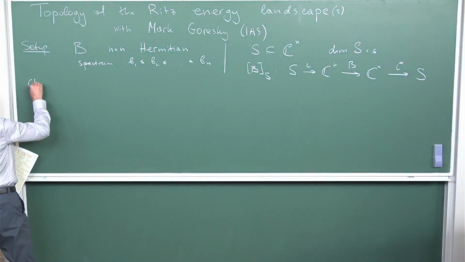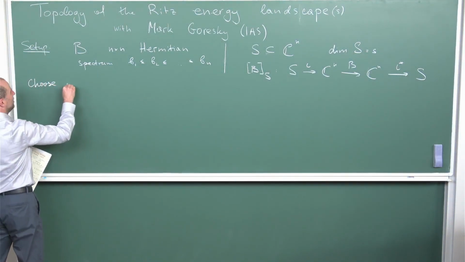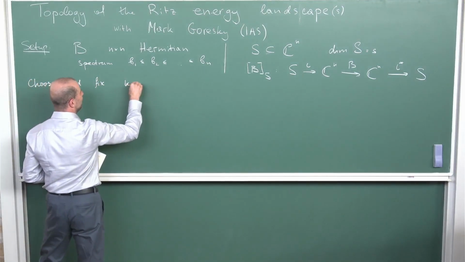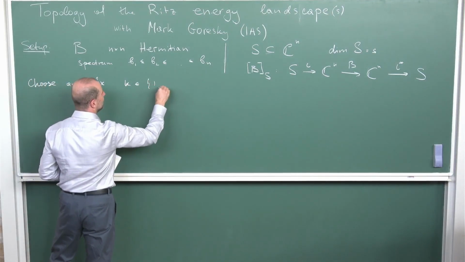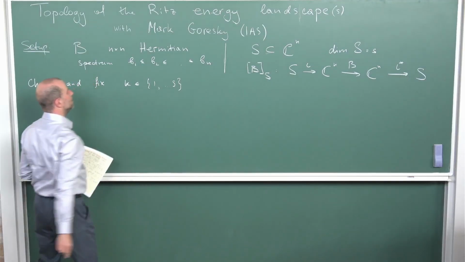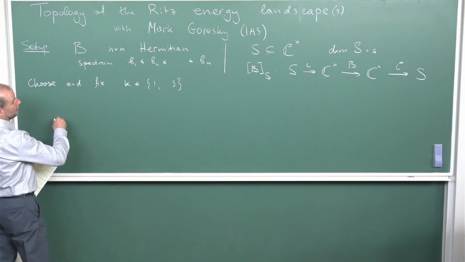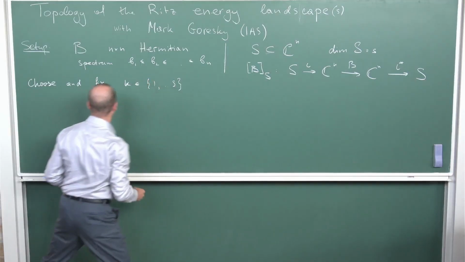And now I'd like to choose and fix K, a number between 1 and s, and consider the K-th eigenvalue of this compression.